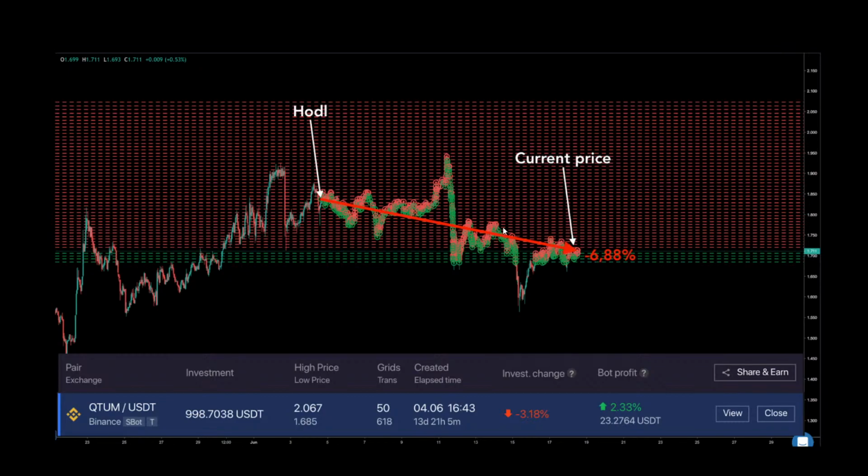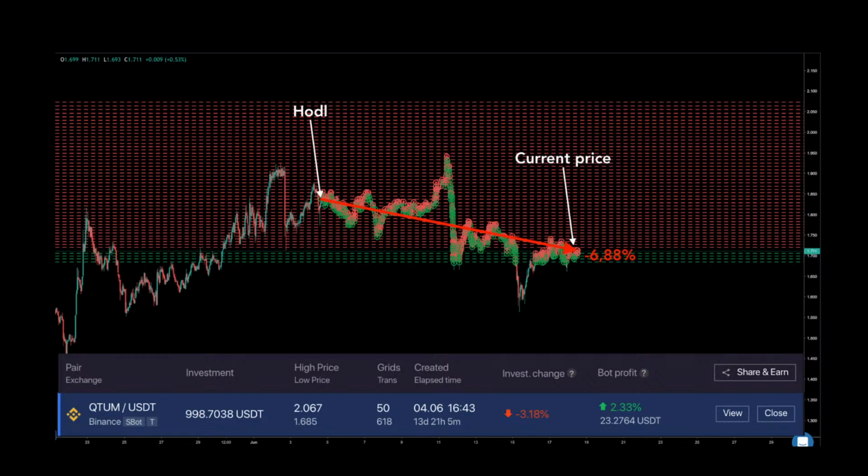Okay, so that's basically why minus 6.88%, because that's the difference between your buy price and the current price. So that's the return. Well, actually, that's the loss that you get if you just simply follow an ordinary HODL strategy.